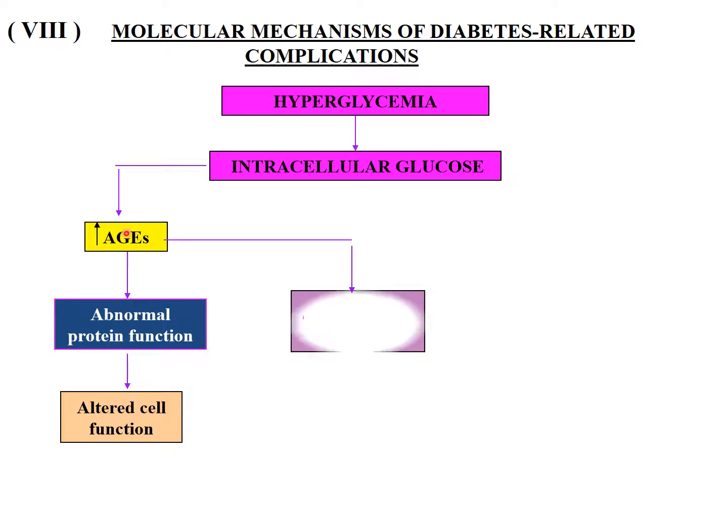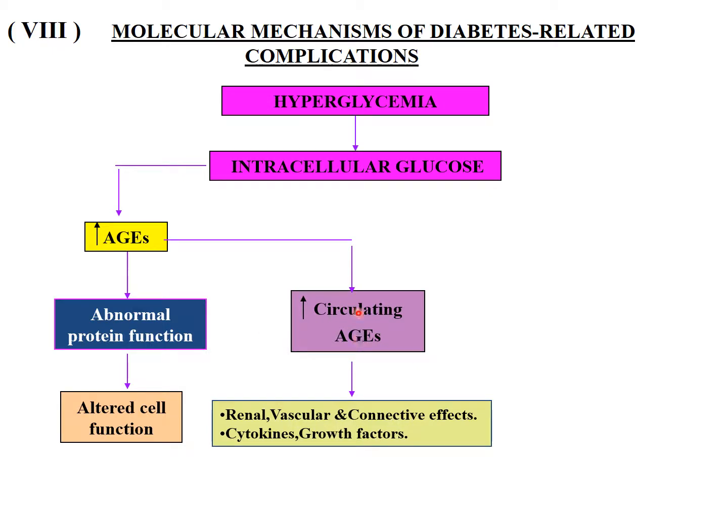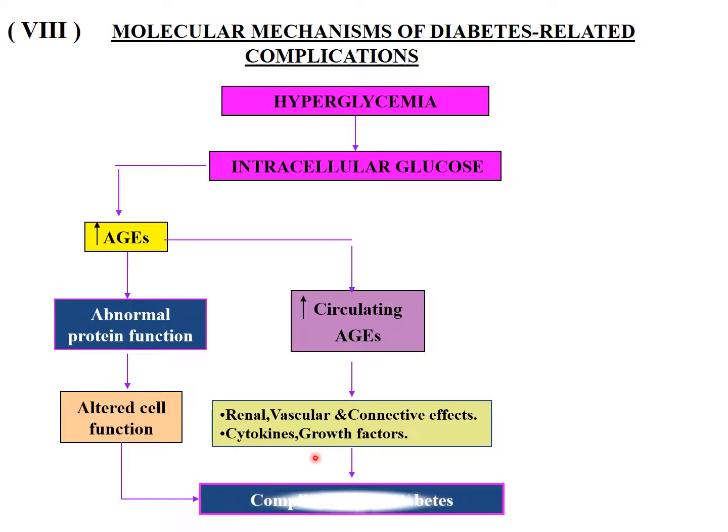When increased in concentration, AGE also damages various connective tissues and various signaling systems like cytokines and growth factors. Both of these, altered cell function and damage to various tissues, result in complications of diabetes.